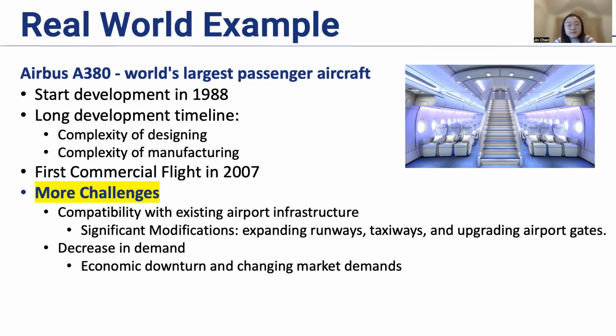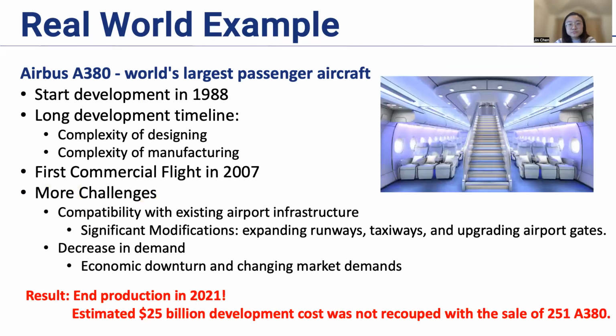And when it entered service, it faced even more challenges in terms of the capability of the existing airport infrastructure. So many airports had to make significant modifications to accommodate this aircraft size, including expanding the runway, the taxiway, and upgrading the airport gate. Additionally, the economy actually went down and the market demand changed again, especially during COVID-19.